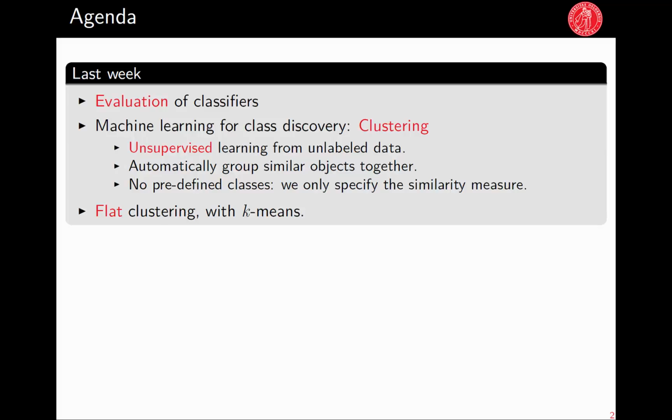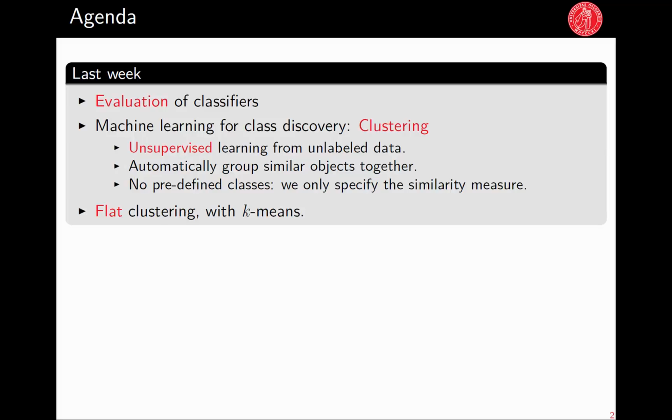classes or categories or groups of objects in our data, but this time not using this approach of supervised learning where we're given labeled examples of the classes that we want to predict.